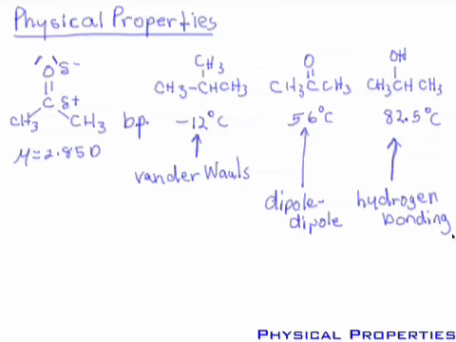Now, while the carbonyl compounds do not have hydrogen bonding in pure form, they are often very water soluble because the lone pairs on the oxygen allow molecules such as water that have hydrogen bonding to hydrogen bond to the acetone through their hydrogen. So you could have a water molecule here where the delta plus on the H would be attracted to the lone pairs, and water could hydrogen bond to acetone.